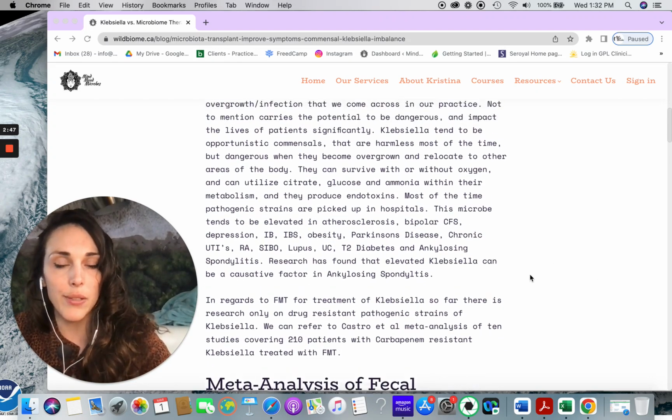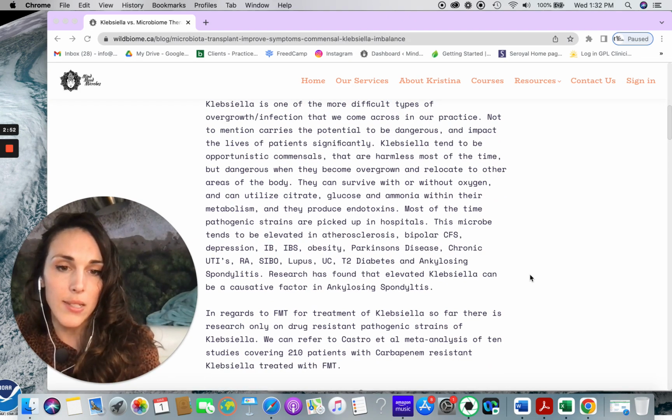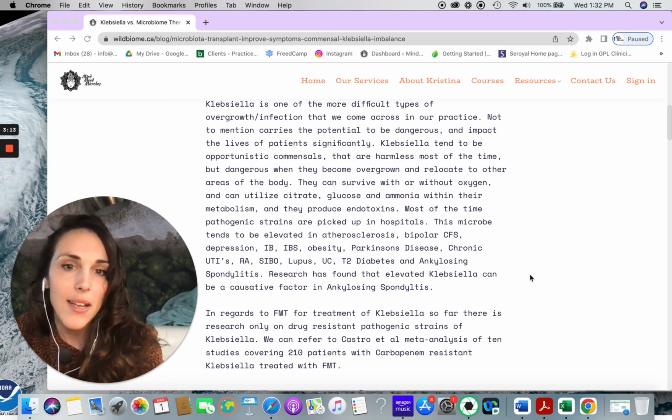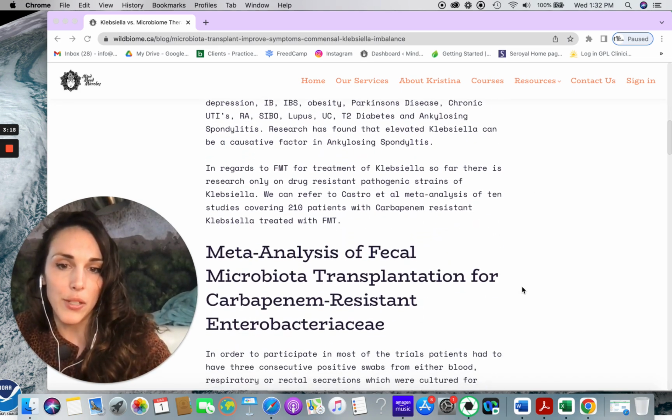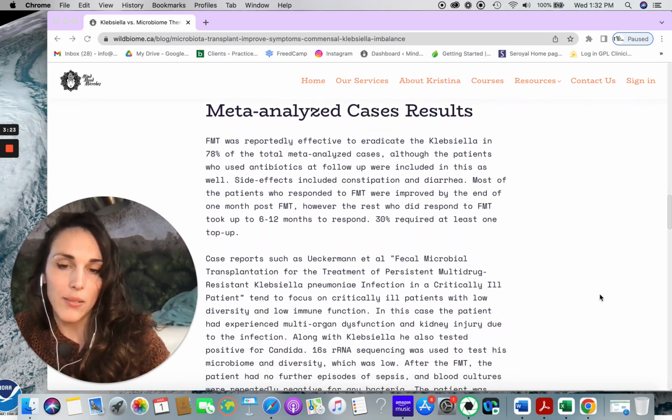The one thing I do notice is that even though most of them use PCR testing to identify the Klebsiella pre-treatment, they aren't always following up with PCR, and that's a disappointing thing because we don't know whether the Klebsiella is completely eradicated or whether they still have low levels of Klebsiella and now their immune system is keeping it in check. I think that would be really useful and important to be able to see in the future.